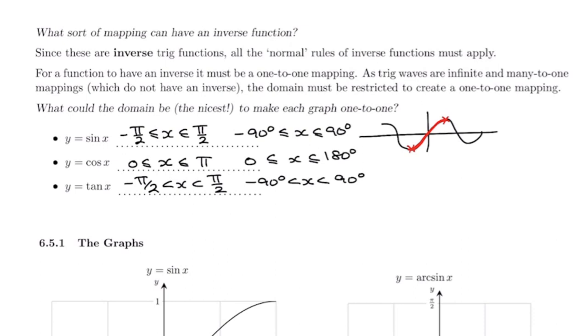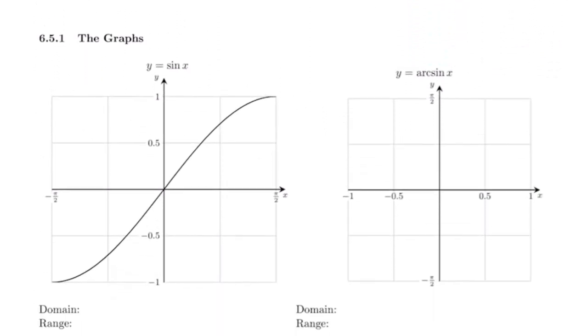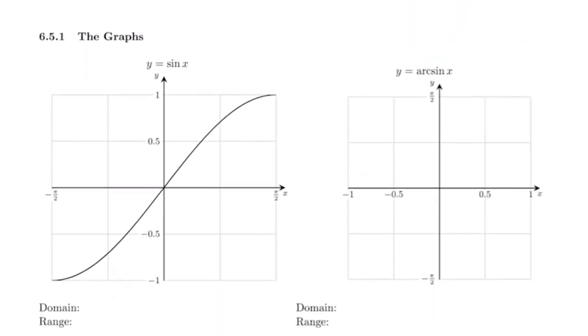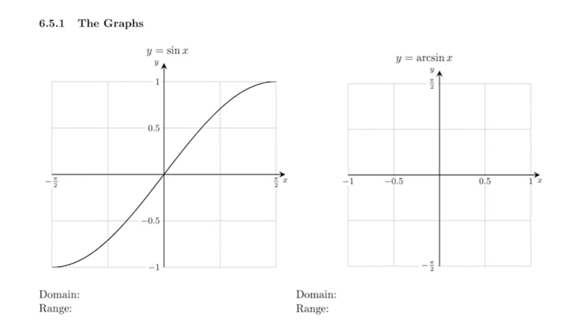Now we can use the properties of functions and their inverses to help us to draw these three new graphs, and you need to learn them. So I'm going to start with sine x. And you can see I'm going to start with the domain. The domain for the restricted sine x graph is negative pi over 2 is less than or equal to x, which is less than or equal to pi over 2. And the range is negative 1 is less than or equal to y, which is less than or equal to 1.